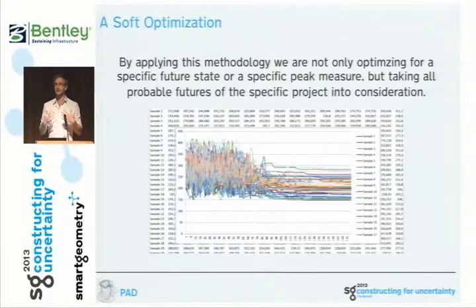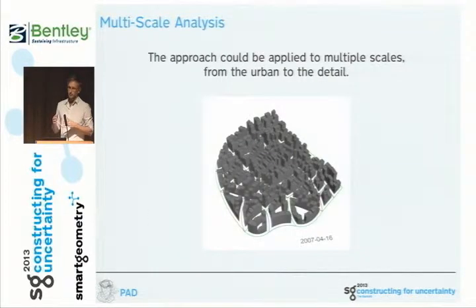So it's kind of a soft optimization, I call it, like we're optimizing, but with probability in it.